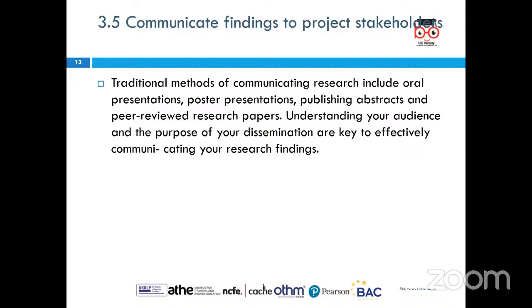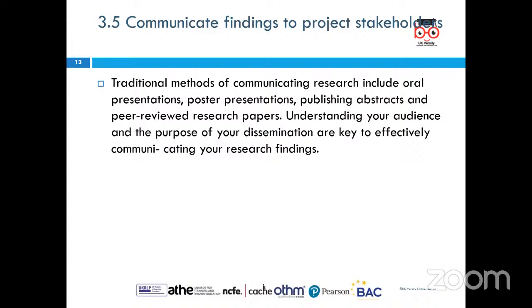Now, as we saw, we have already spoken about and expressed the best way of communicating bad news with stakeholders, but now we're also going to look at how we'll communicate our findings.